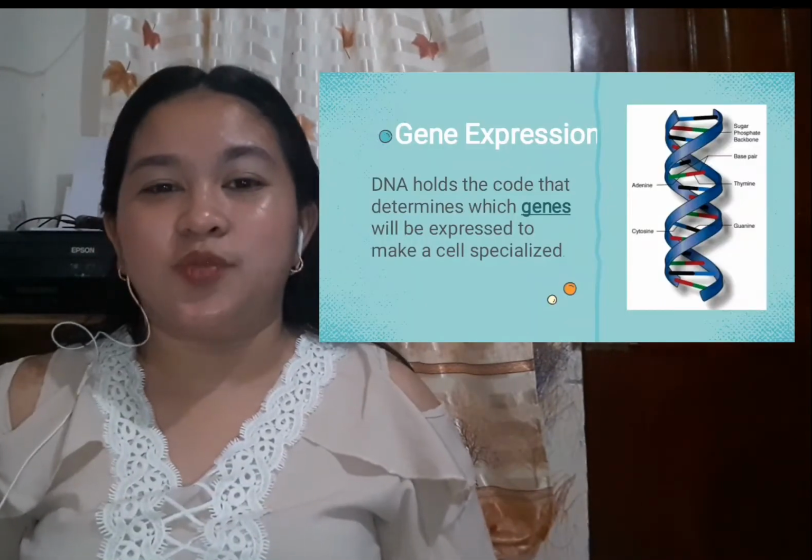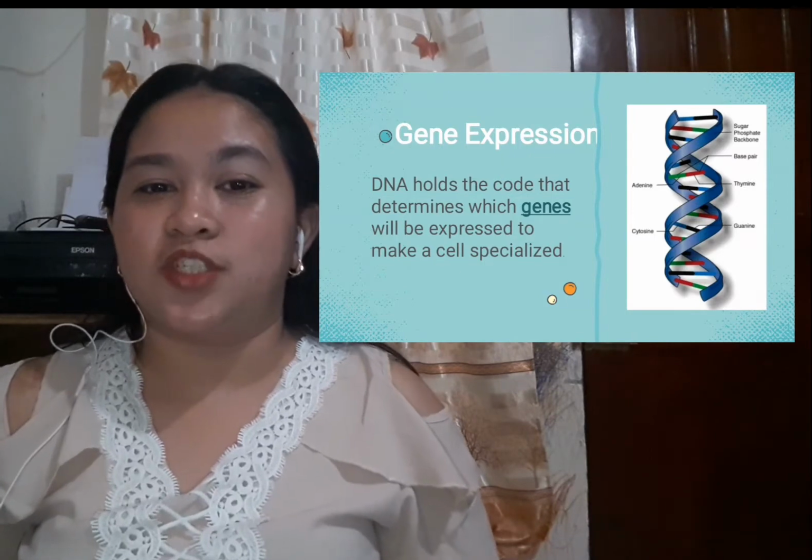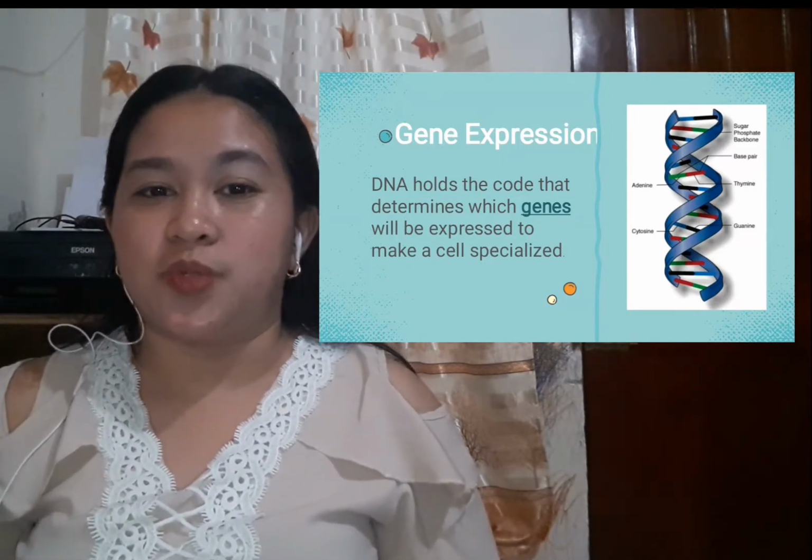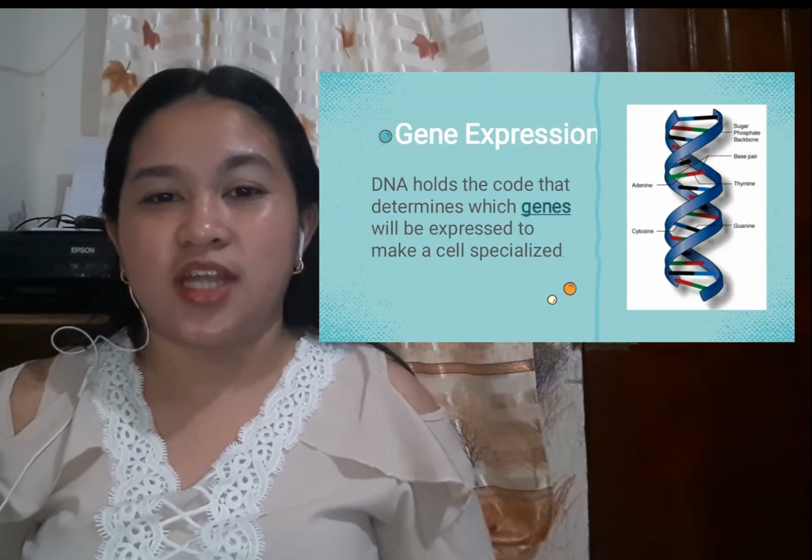The DNA is what holds the code that determines which genes will be expressed to make a cell specialized. So in the code of DNA, some genes are going to be expressed, light switch on, and some are not expressed, light switch off.